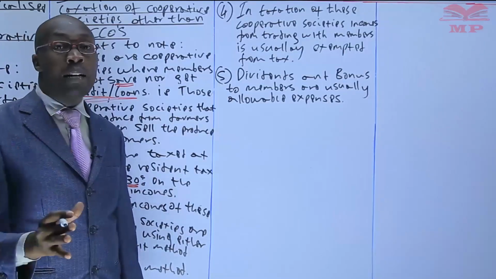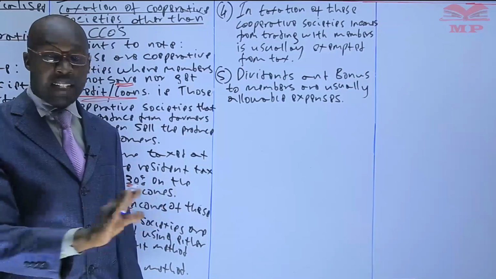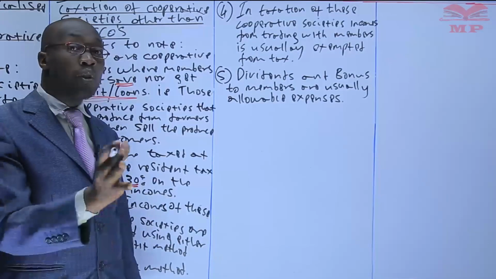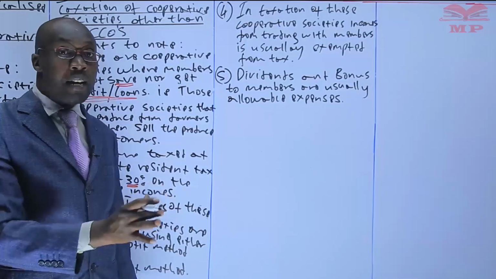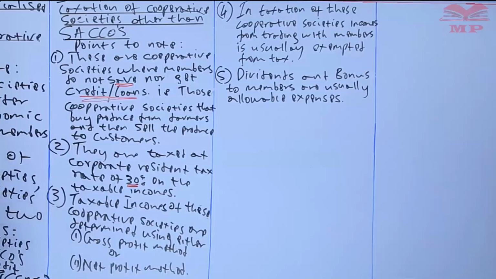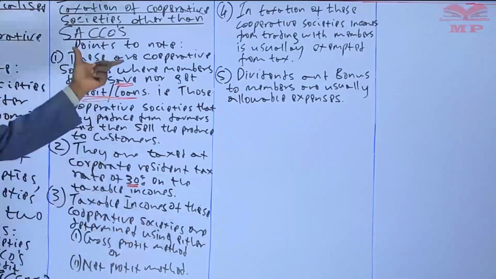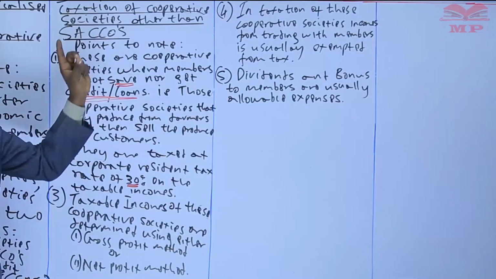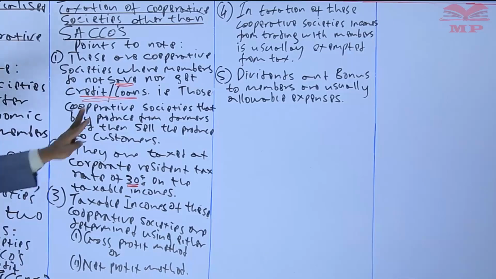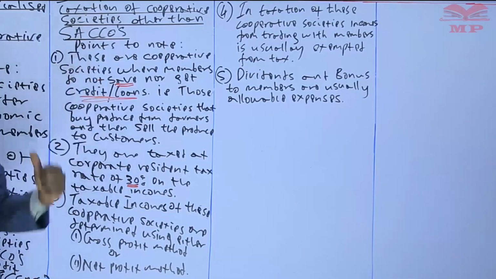And we said even for other businesses, when you pay anything to the owner of the business, it is not allowable. For a company, we call that payment to the owner a dividend. But when it comes to this cooperative society other than SACCO, it is usually an allowable expense. It is only for this cooperative society other than SACCO, because when you get to the SACCO, that doesn't apply.